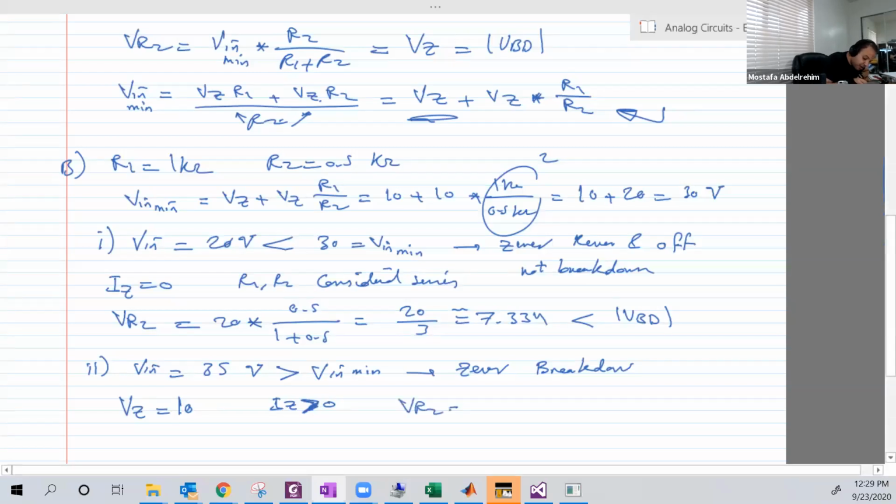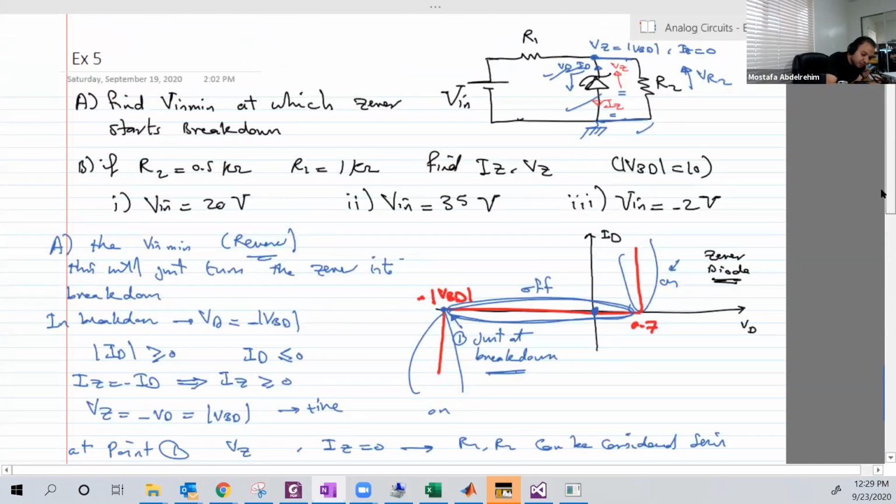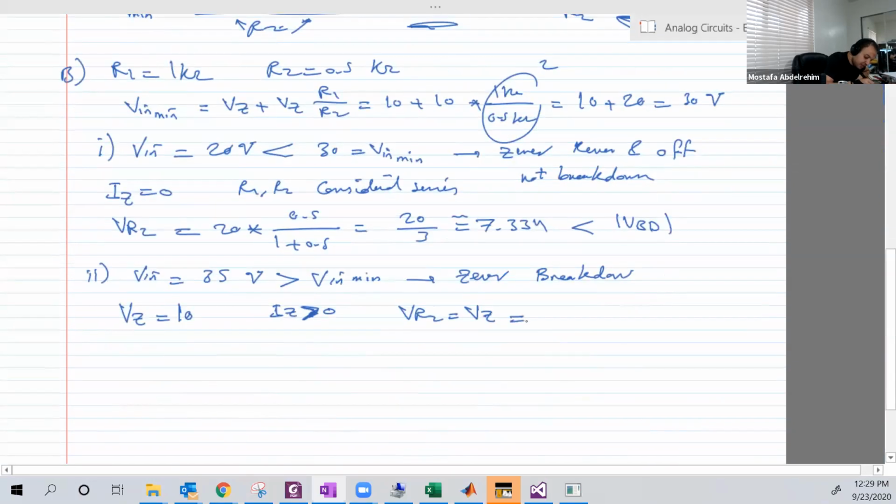Now VR2 is equal to VZ because it's in parallel with the zener. So IR2, or I2, I name it, equals 10 over half a kilo, 20 milliamps.